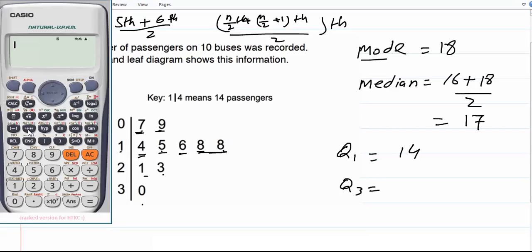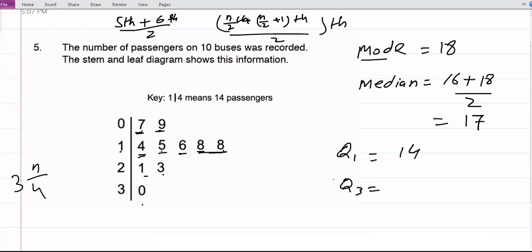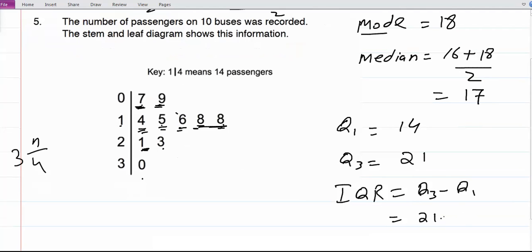If you take 3/4 of the total 10, it will be 7.5. 7.5 means move to the 8th value. So 1, 2, 3, 4, 5, 6, 7, 8. The 8th value is 21. Now what will be the interquartile range? Interquartile range is Q3 minus Q1. And that will be 21 minus 14, which is 7.